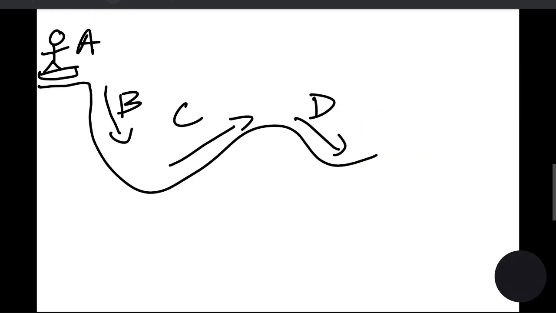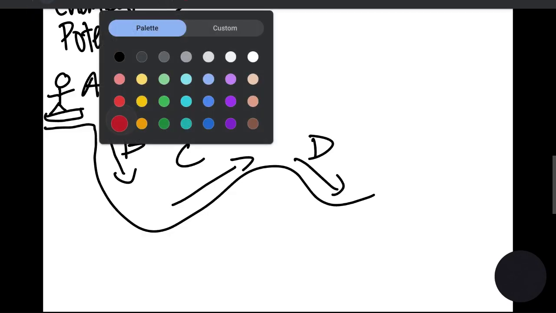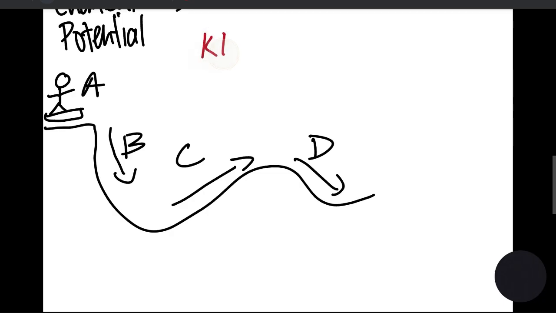So over here, I will write. Okay, I try to change color. KE, which is kinetic energy, is red. So over here, let's say total energy is 100. So KE over here is 0. Then over here, let's say it's 70.